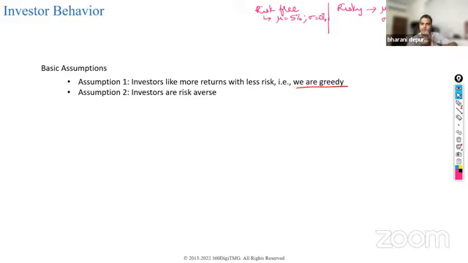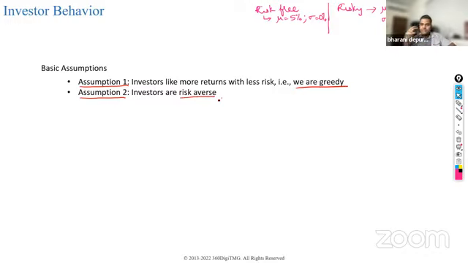I need more return on investment for the less risk that I take. So that is assumption one. Assumption two is investors are risk averse. Okay, meaning investors don't want to take risk. Usually that's a typical human mentality. I'm not saying everyone falls into that. Typically, the majority of them do not want to take any risk. So investors are risk averse.